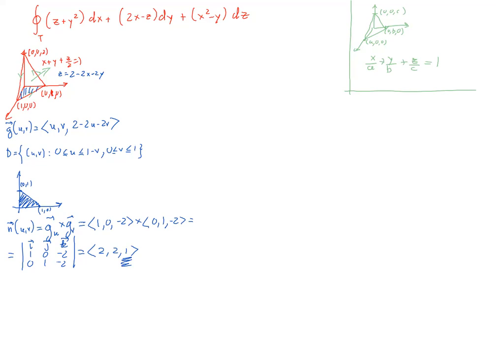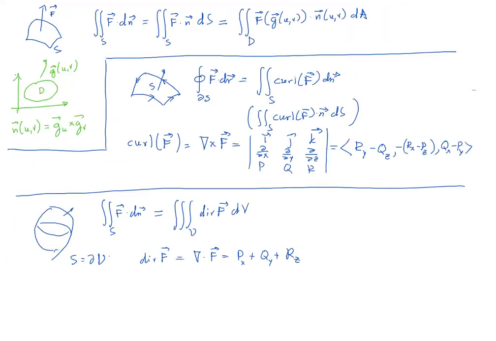What is the next thing that we need to use? Well, don't forget that we said that we need to take the curl of the underlying vector field and take the vector surface integral. That's what the Green-Stokes formula dictates.